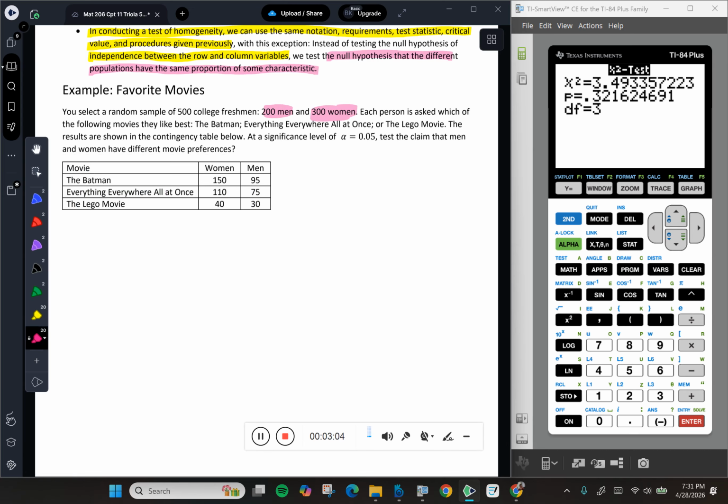The Batman, Everything Everywhere All at Once, or the Lego Movie? We get the results, we put it into a contingency table, and we want to test whether or not these proportions are the same between these two populations, or these proportions are different between these two populations.